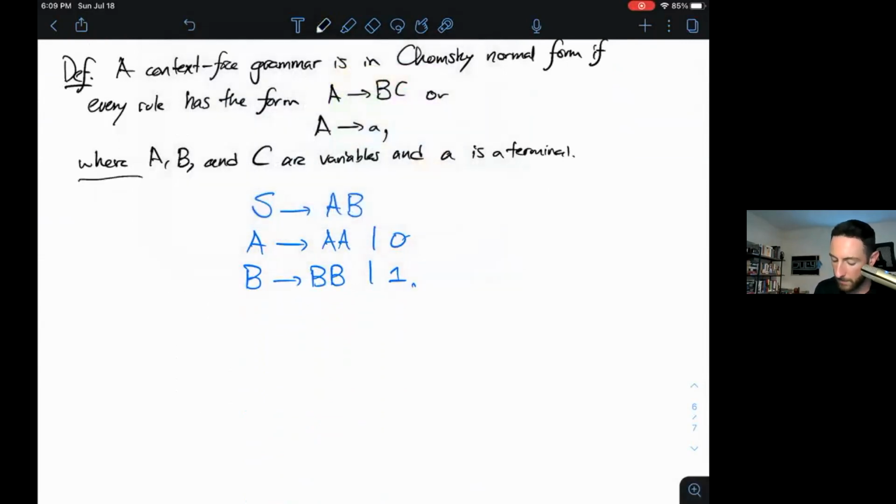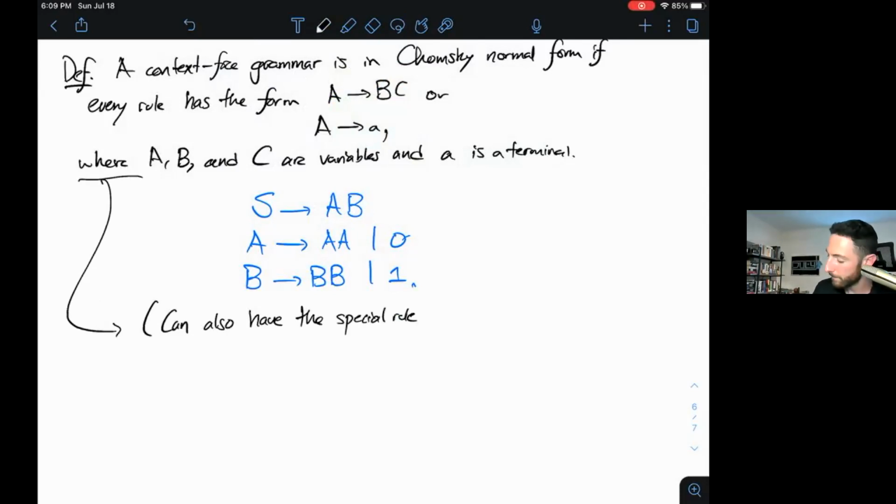I'm actually there's a couple little addenda that I want to add to this definition. You can also have the special rule S to empty string.